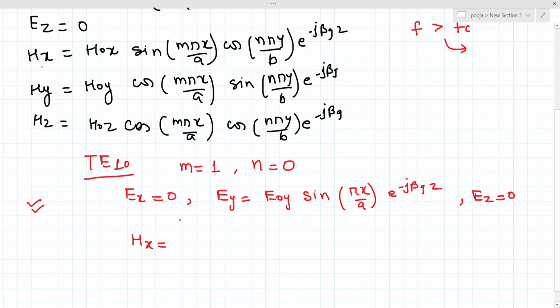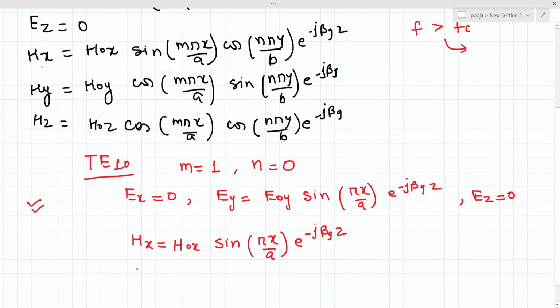Hx will be, if we put m equals 1 and n equals 0, H0x sine pi x by a, cos 0 is 1, exponential of minus j beta g z.